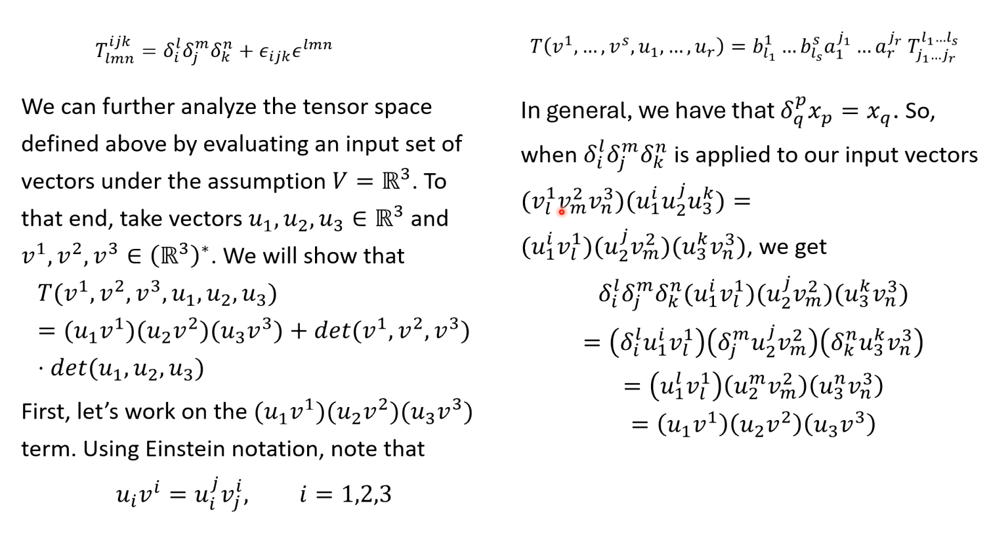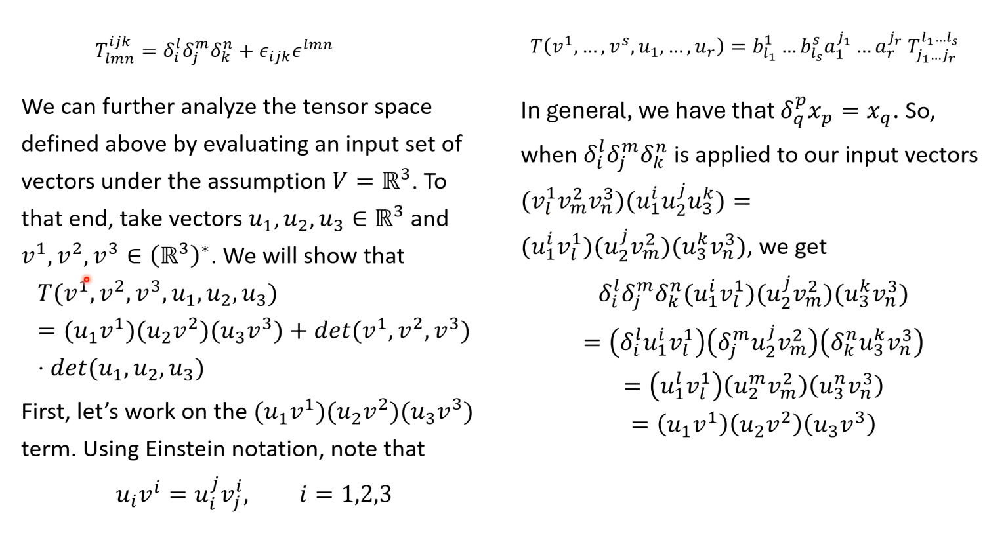Okay, so these are our components, or coefficients, I should say, for our 6 vectors. So for example, this one here corresponds to the first vector, V1, and then L is the index for the different components of V1.